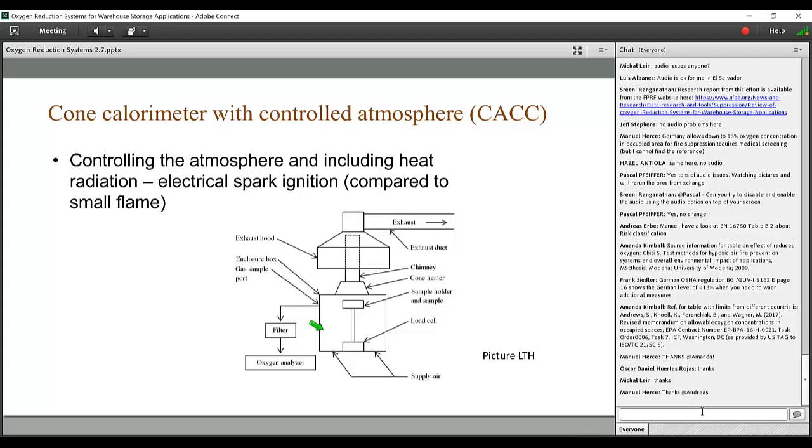There's still an electrical spark and there's still heat radiation, and I think that's the important thing I maybe did not mention in the previous slide: the ignition in this test is determined with heat radiation or heat flux as external source. So in the cone calorimeter you can go up to 100 kilowatts per square meter.